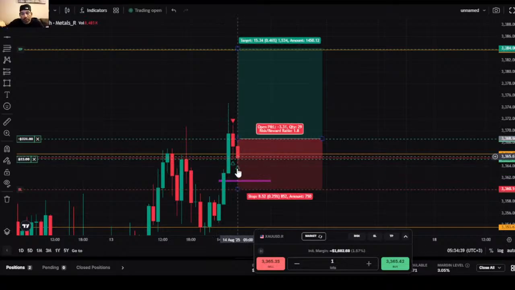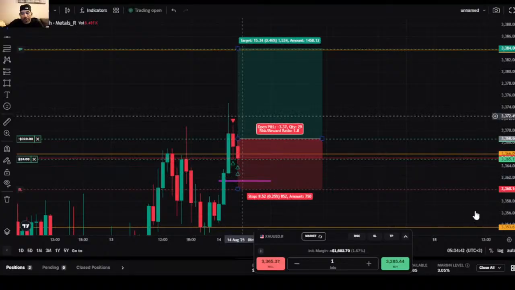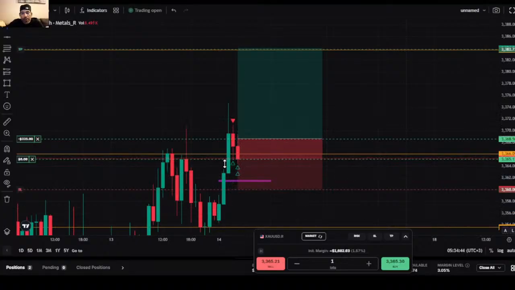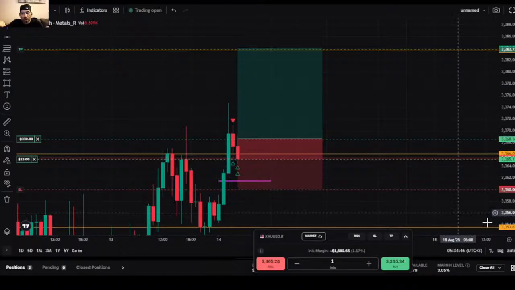So drawdown could be a little steeper before we get the push up, or it could just take off from here. Either way, we're going to have to wait.